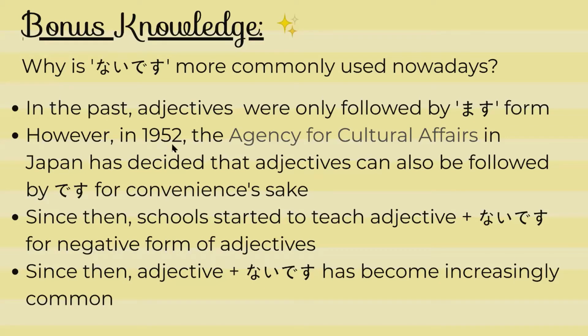However, in 1952, the Agency for Cultural Affairs in Japan decided that adjectives can also be followed by the です form for convenience's sake. Since then, schools started to teach adjective plus ないです for the negative form of adjectives. That's why adjective plus ないです has become increasingly popular and common nowadays.